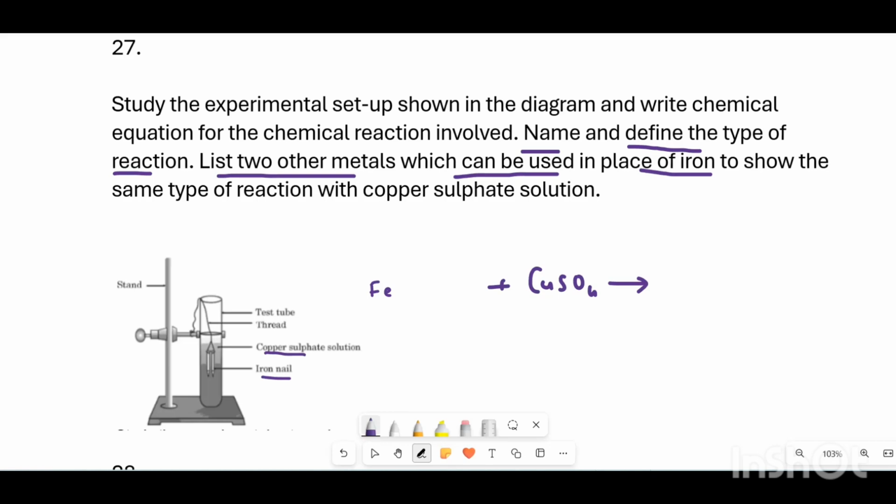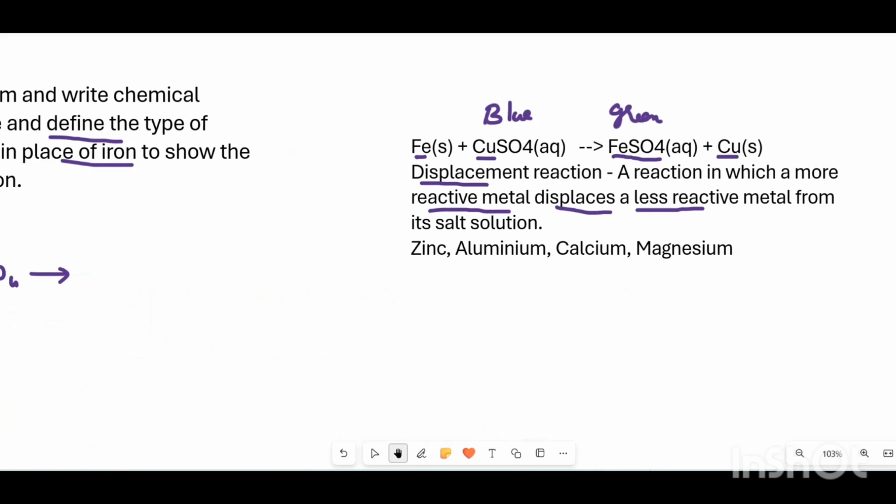So you can write any metal which is more reactive than copper. So far it is given, zinc you can write, zinc can displace copper from copper sulfate, aluminum you can write, calcium you can write, and even magnesium also. So these are the 4 metals. Any 2 metals only they asked. We gave 4 metals. All these metals can displace copper from copper sulfate solution.